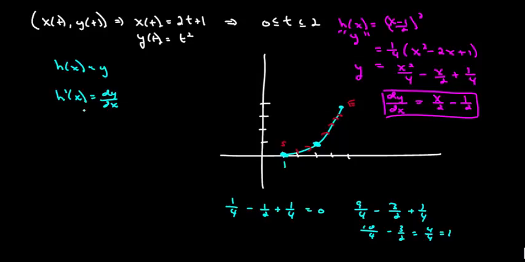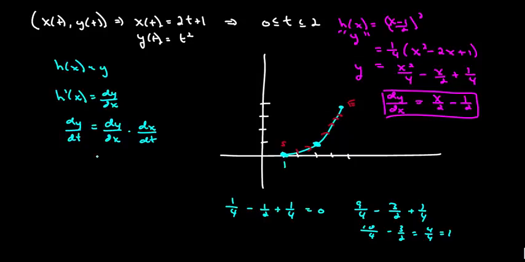Well, to find this, y is a function of t. So really I've got some t's going on in there. So using the Leibniz notation, we've got dy dt is equal to dy dx times dx dt. That's our chain rule.